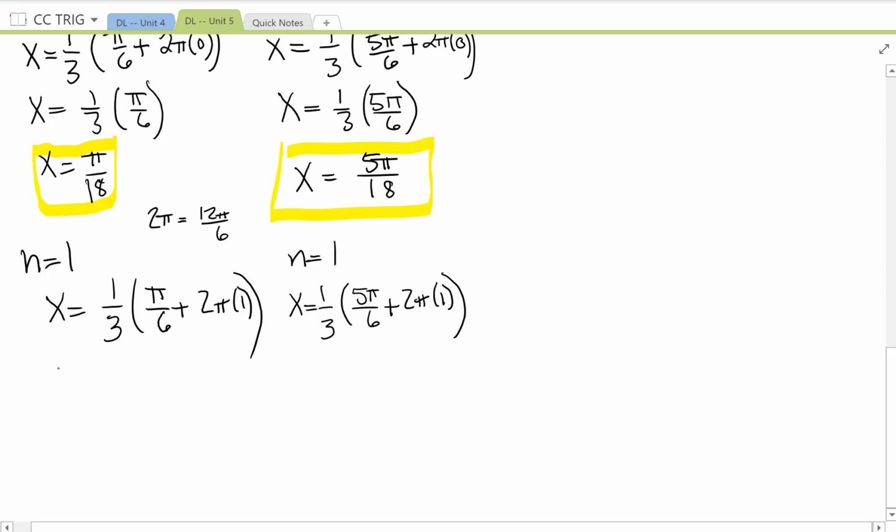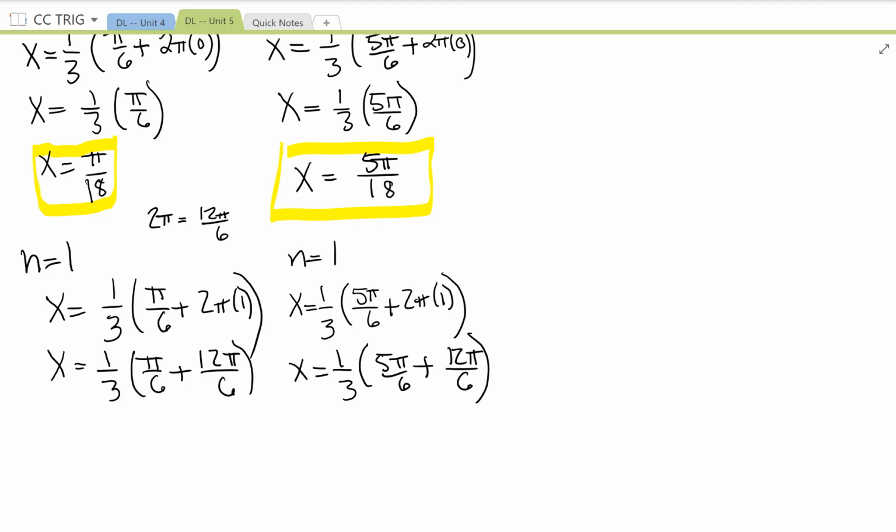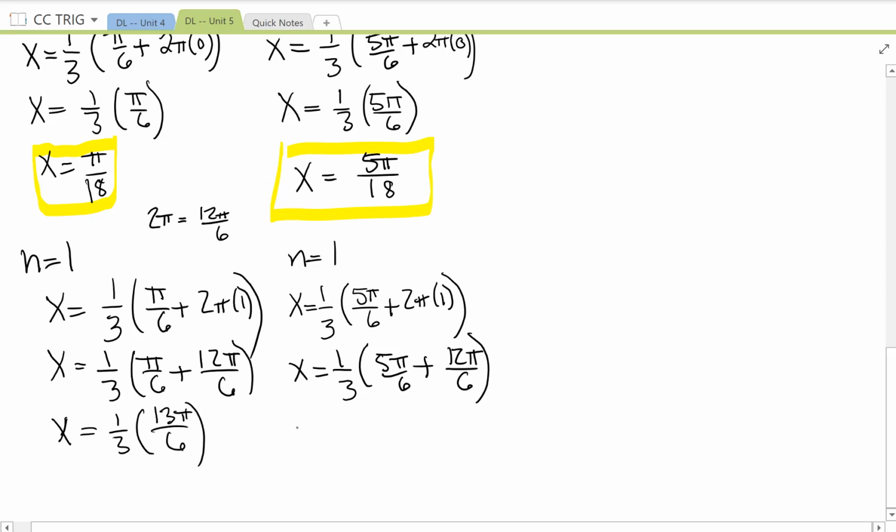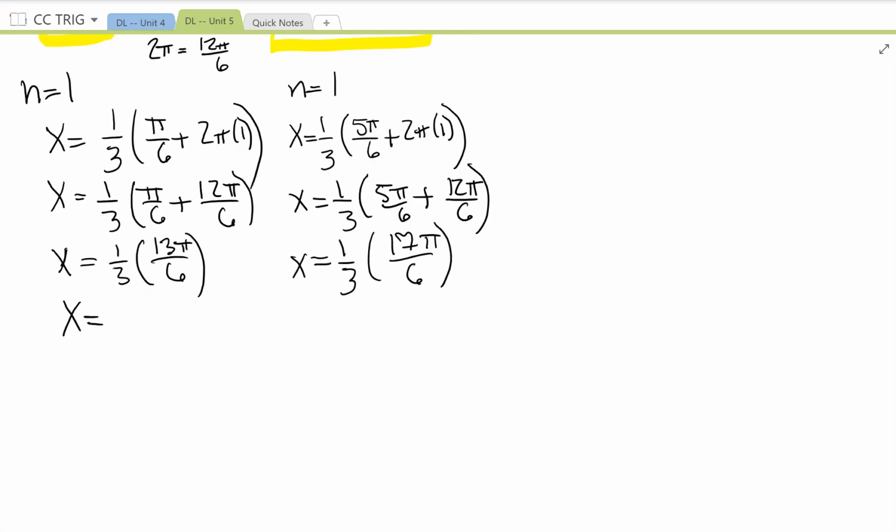So that's what we're going to be adding in each of these. Instead of 2 pi, we're going to call it 12 pi over 6. Combine what's inside of the parentheses, and we get 1/3 times 13 pi 6th. All right, that gives us 13 pi over 18 and 17 pi over 18.